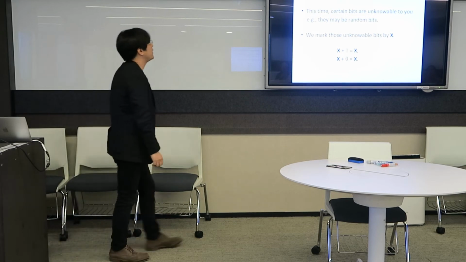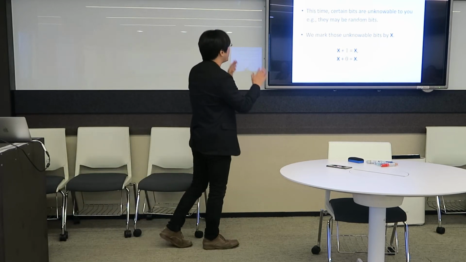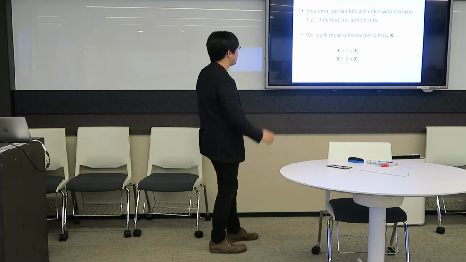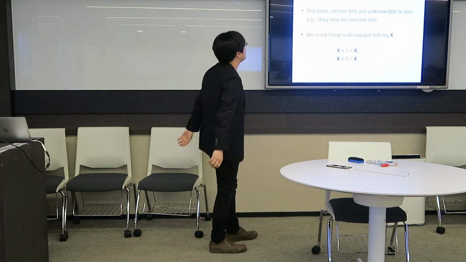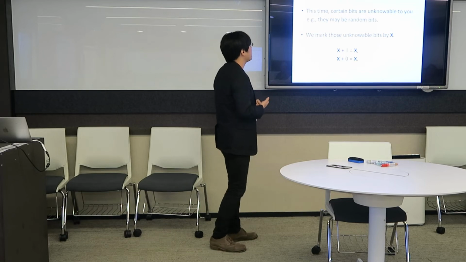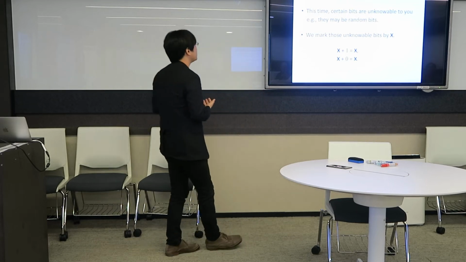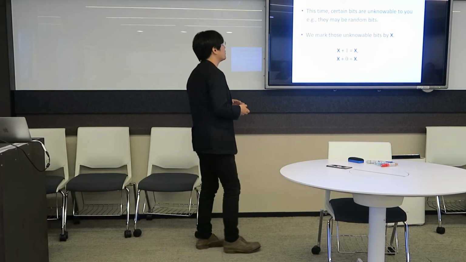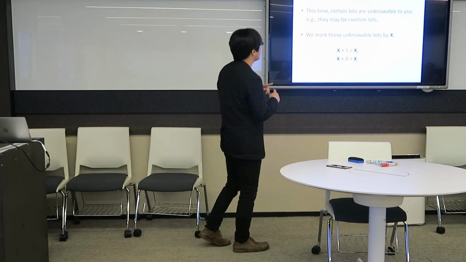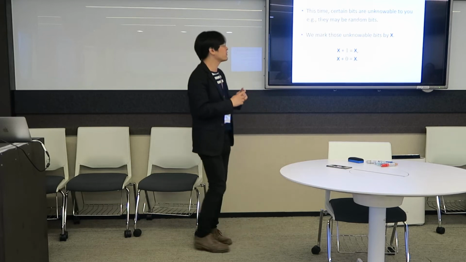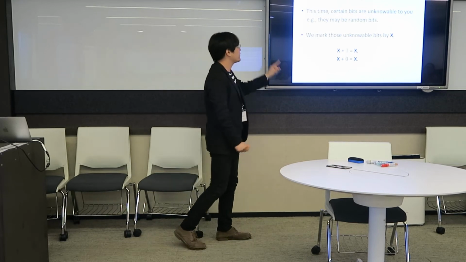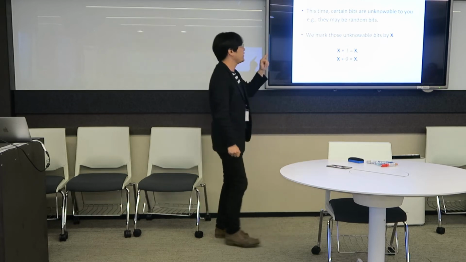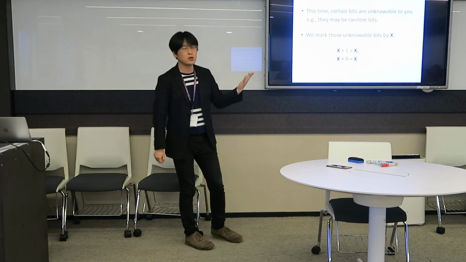However, in the case of X-code, we have another condition which makes the problem more difficult. We have to handle what we call unknowns or unpredictable bits. In this case, certain bits in the reference vector V are unknowable to you.